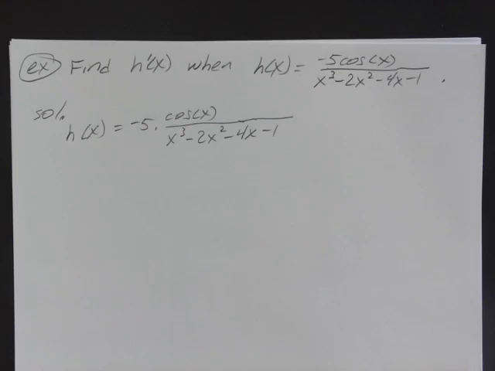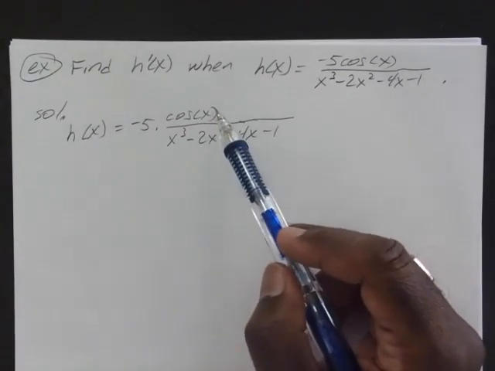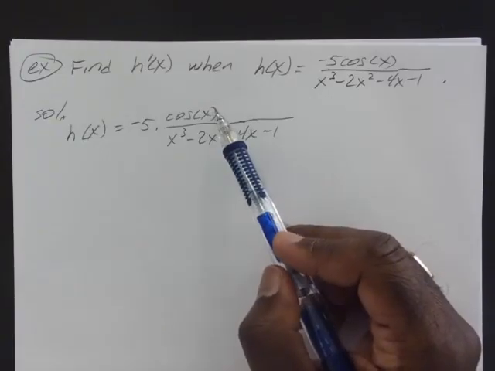So now we apply the quotient formula because we have a quotient with a function as our numerator and a function as our denominator.